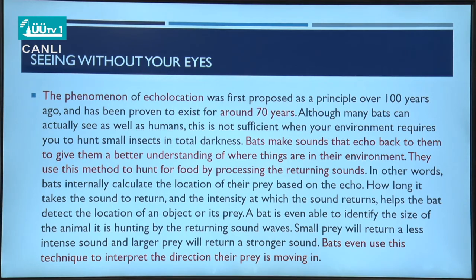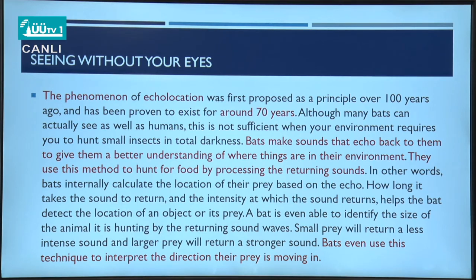For example, as you can see here, I will just give you some seconds to skim. For example, why are bats using echolocation? They are not using their eyes to chase, to communicate, to understand their environment.